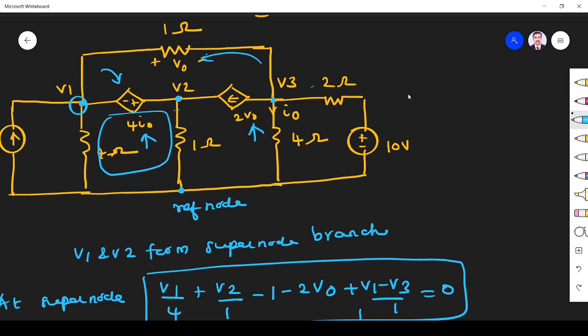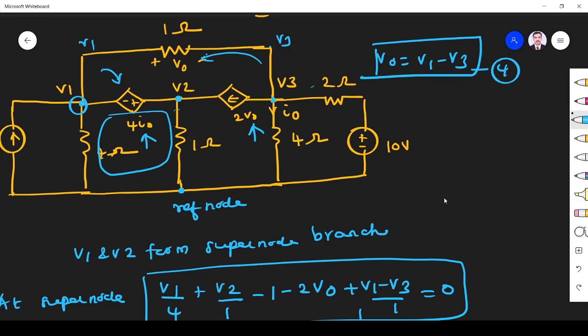From here you will understand the fourth equation, the V0 relation. You see V0 is the potential across this, plus and minus, so this potential is V0. I can write V0 as the potential difference between V1 and V3. So V0 is equal to V1 minus V3. This is the fourth equation.